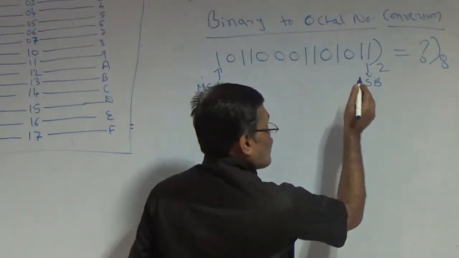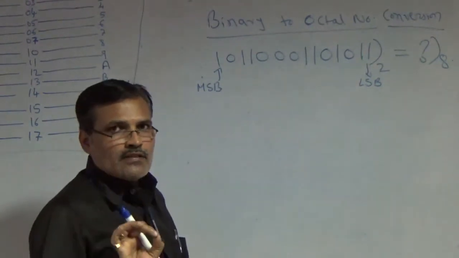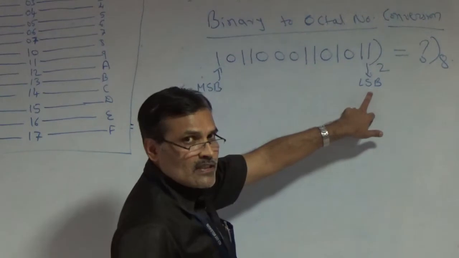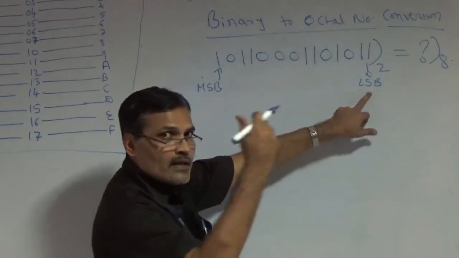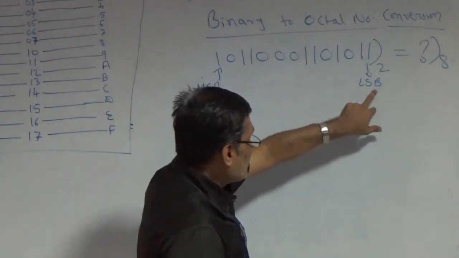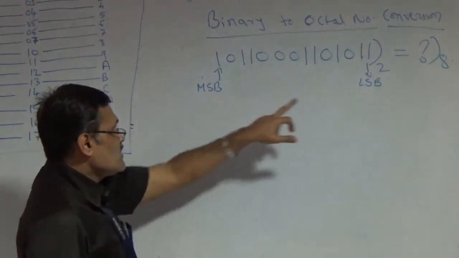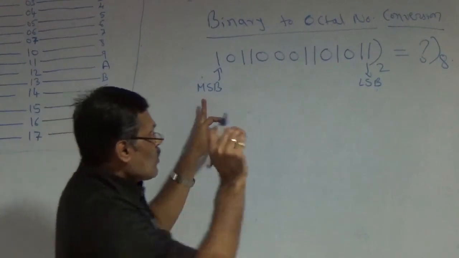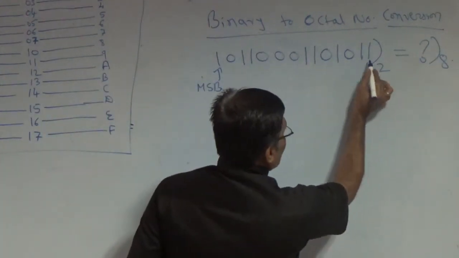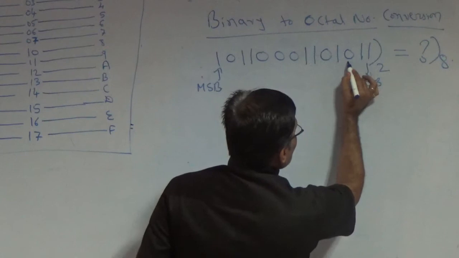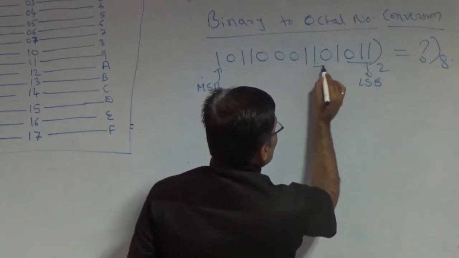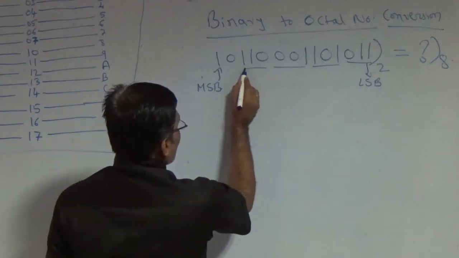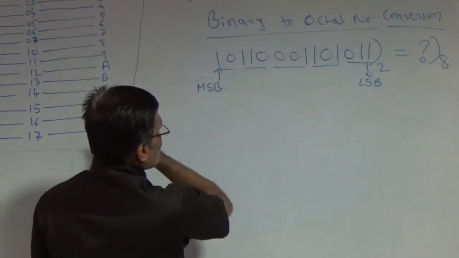You need to make groups of 3 binary bits starting from the least significant bit to the most significant bit. So I am starting with the least significant bit. This is my first group, this is my second group, this is my third group, this is my fourth, and the remaining is the last one.